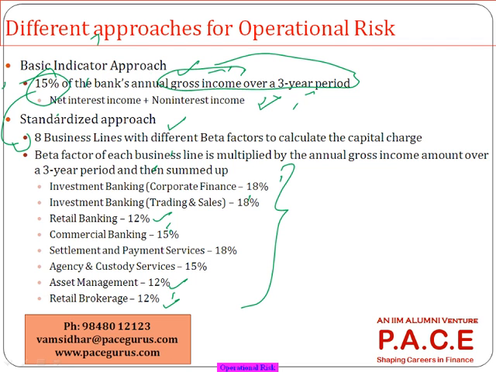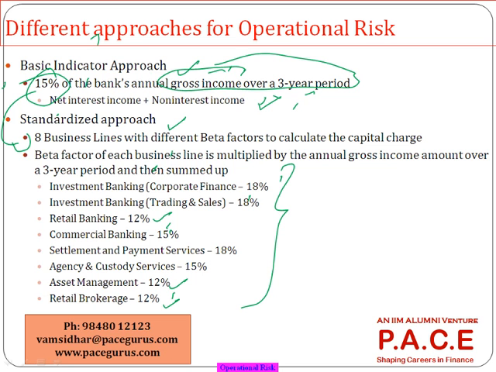These are the places where in reality they have observed heavy risk exposure, and that is where the standardized approach says compute the gross income for each of the 8 lines of business separately and multiply them with 18% or 12% or 15% as appropriate to that department. Otherwise, the basic indicator approach was a straightforward 15% for all departments across the bank, easy to compute right from your P&L statement.